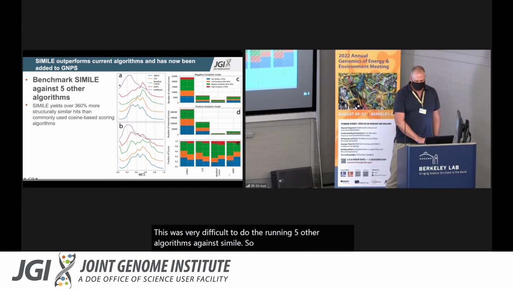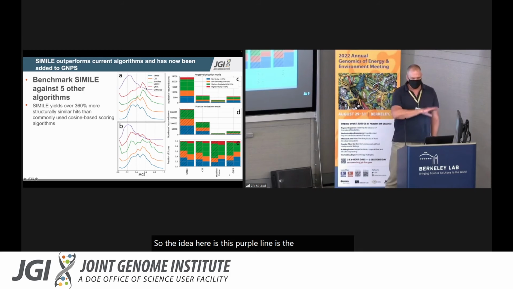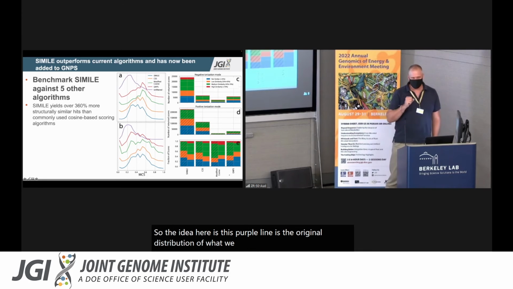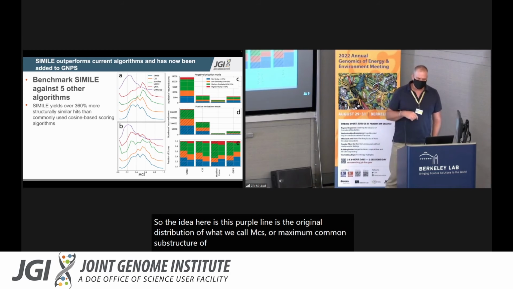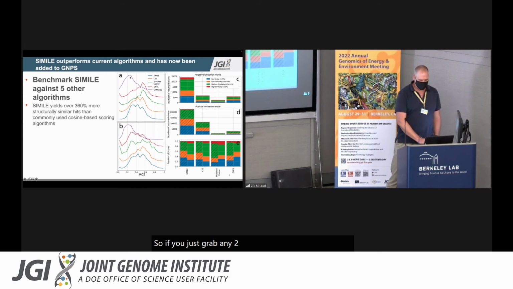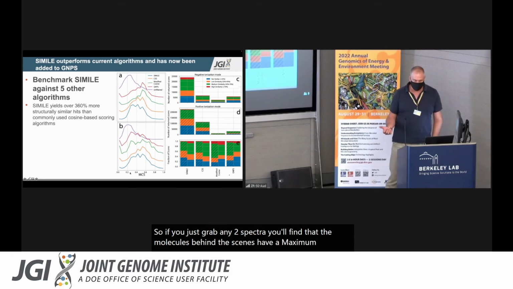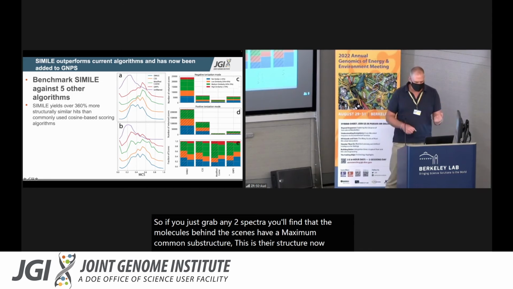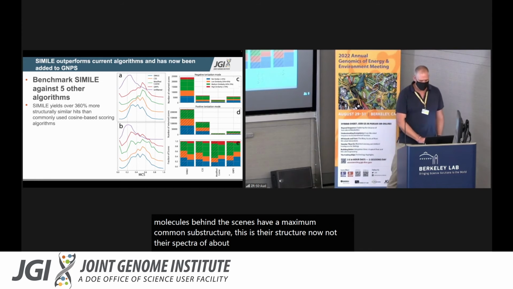So the idea here is this purple line is the original distribution of what we call MCS, or maximum common substructure, of hundreds of millions of pairs of spectra. So if you just grab any two spectra, you'll find that the molecules behind the scenes have a maximum common substructure, this is their structure now, not their spectra, of about 0.25.